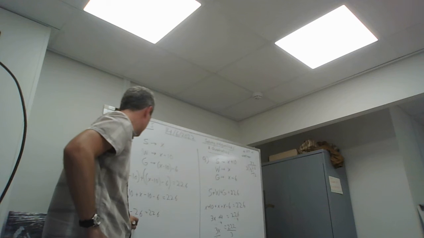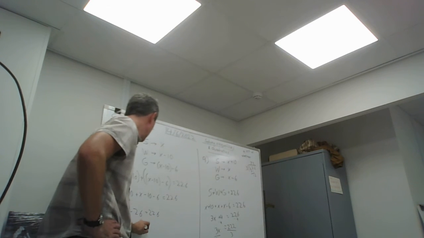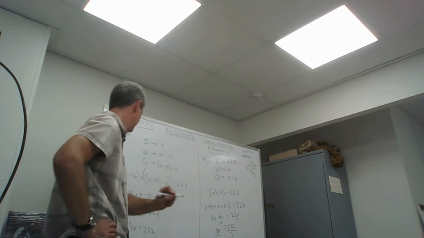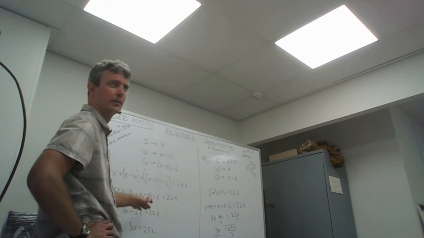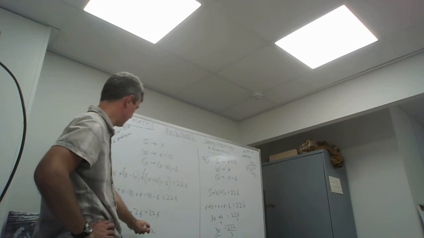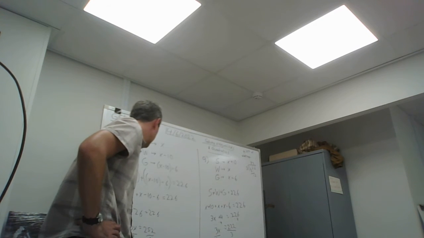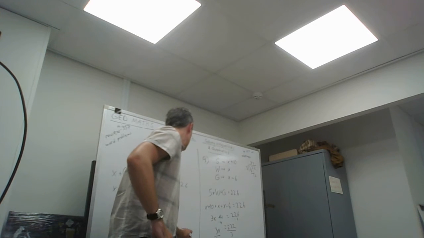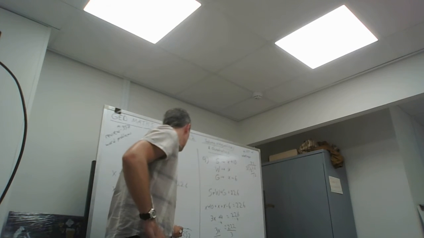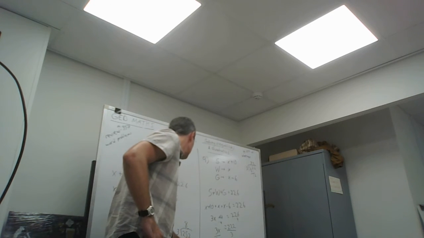So 3x, we add that, so it becomes 252, because 25 plus 25 is 50, so it's 1 extra, so it's 52. Divide by 3. X equals, I'll bet you this is 84. Exactly. 252, 3 goes into that 84 times: 8, 24, subtract 1, 12, there we go, 4.